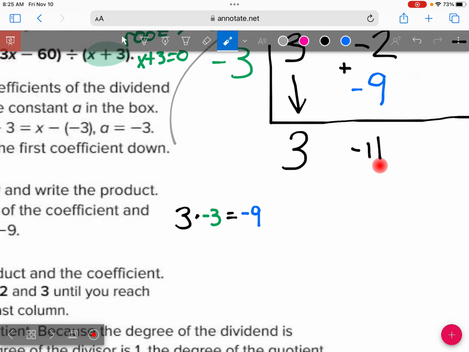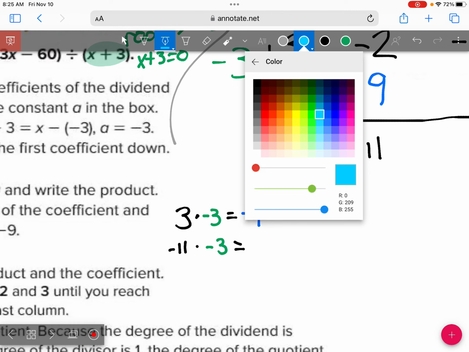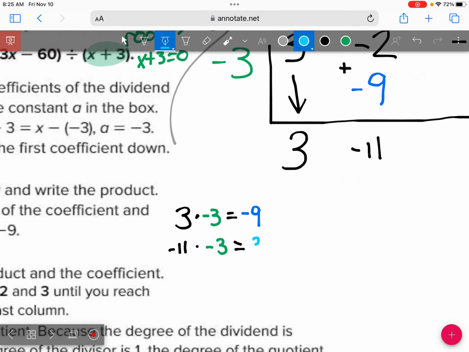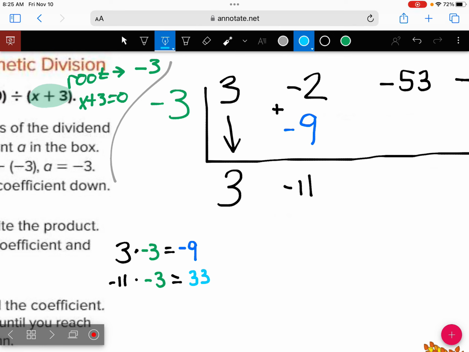I'm going to take my -11 times my -3. -11 times green -3 equals +33. And that goes under the -53. I'm going to put that +33 right here. We take the bottom times the side and put it in the middle.